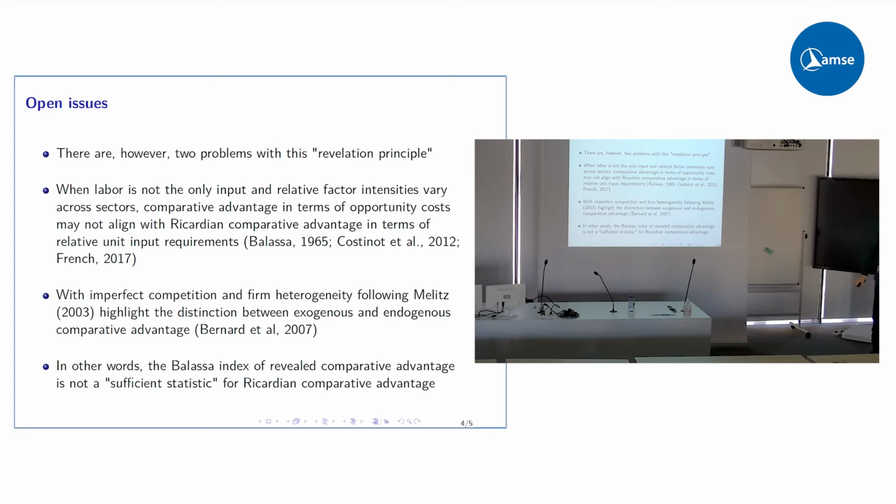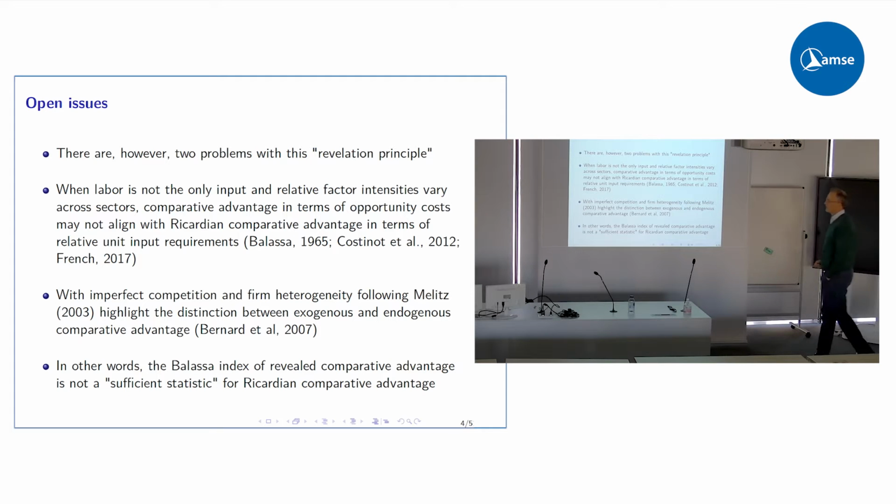This is problematic when you look at real-world data because there are two problems with this revelation principle. There are many problems, but the two that I want to highlight and address in this presentation. The first is that maybe labor is not the only input in production.